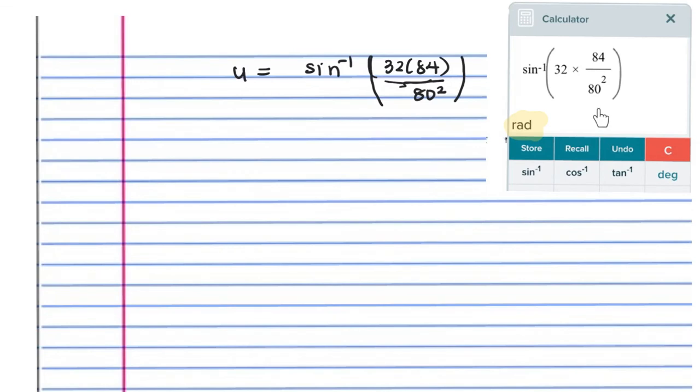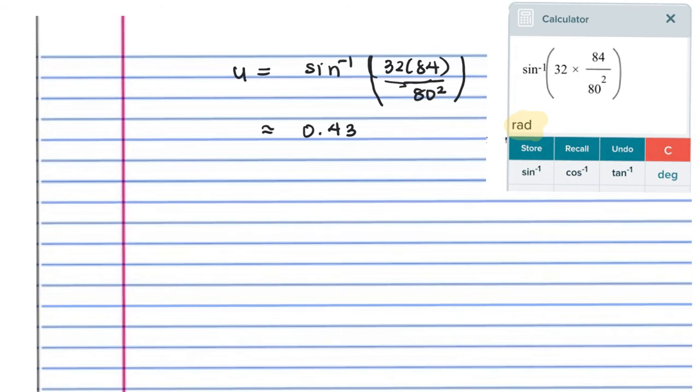When you go out to the calculator, you want to make sure you change it from degrees to radians. When we evaluate this expression, I got u equal to 0.433, which rounds to 0.43 to the nearest hundredth.